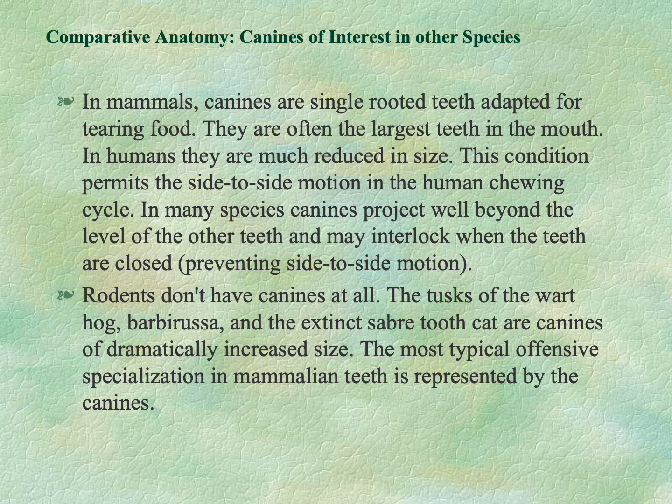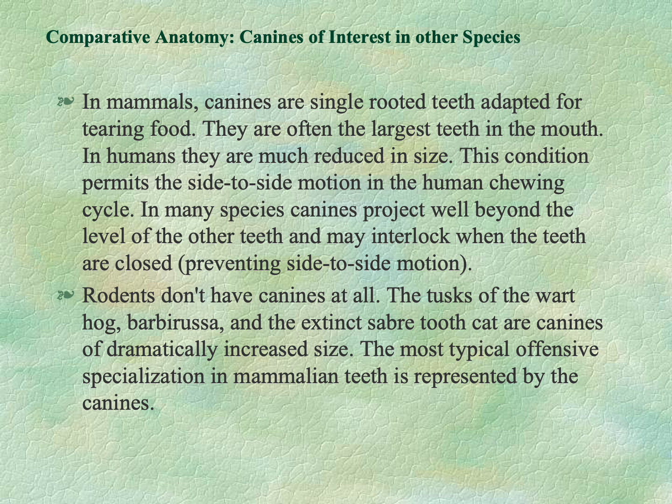Canines of interest in other species is some interesting information to know. In mammals, canines are single-rooted teeth adapted for tearing food. They are often the largest teeth in the mouth. In humans, they are much reduced in size. This condition permits the side-to-side motion in the human chewing cycle.